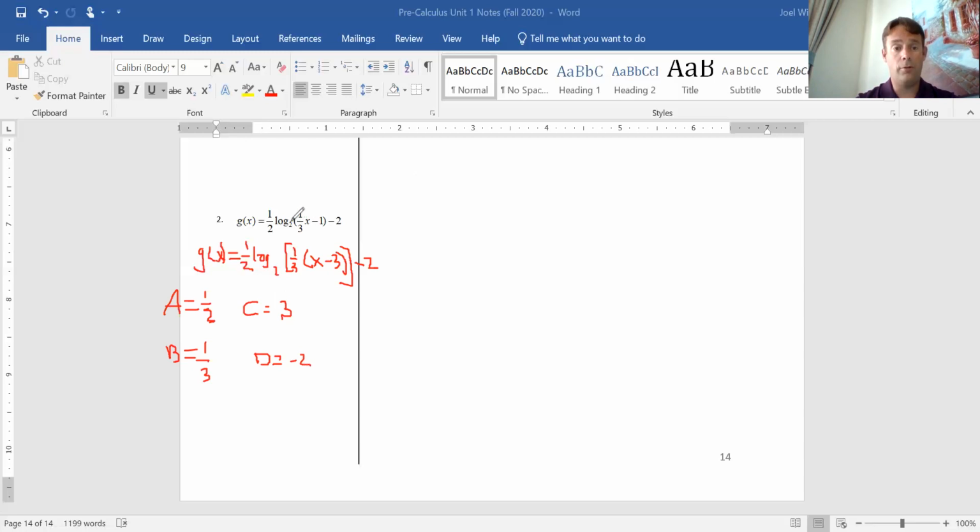We'll use this right here to help us figure out what our parent function is. So our parent function is going to be a log of base 2. So let's plug those in here. Here we go. We have our f of x.